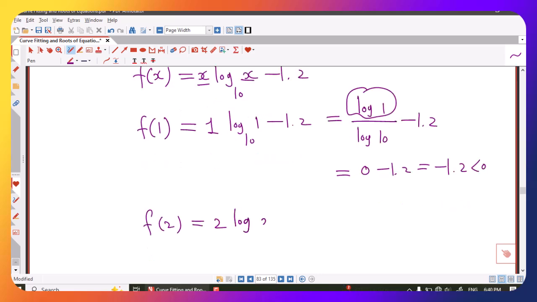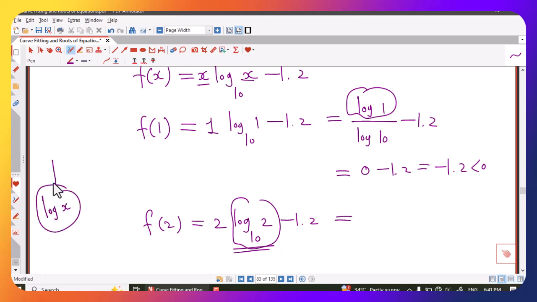So f(x) is 2 times log 2 base 10 minus 1.2, and for this we will use scientific calculator, and we will take care that we place this button of log x in the scientific calculator. This button in the scientific calculator indicates log to the base 10, and for natural logarithm they are writing ln x.